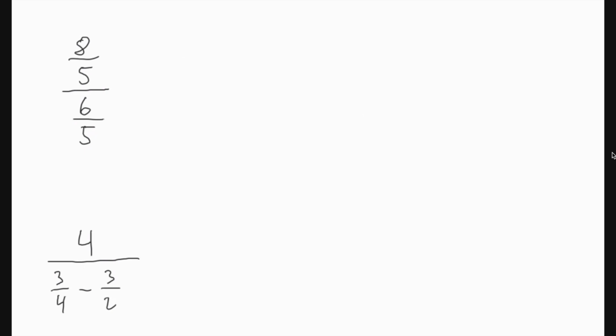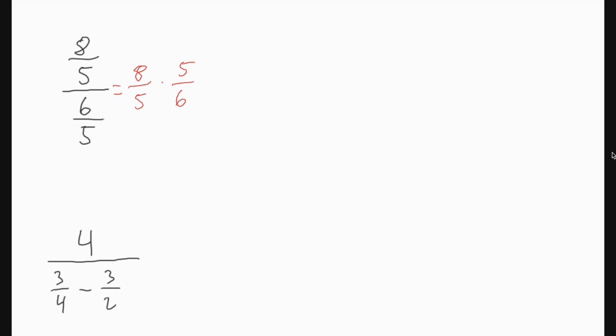Whenever you divide fractions, that's the same as multiplying by the reciprocal. So we can rewrite this as 8/5 times 5/6. So we turn it into multiplication and we flip the second fraction.